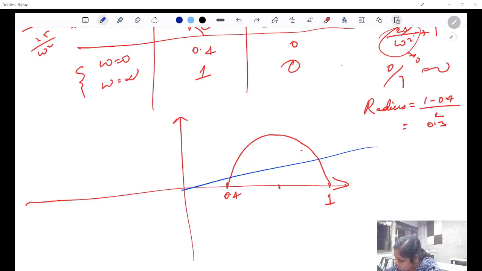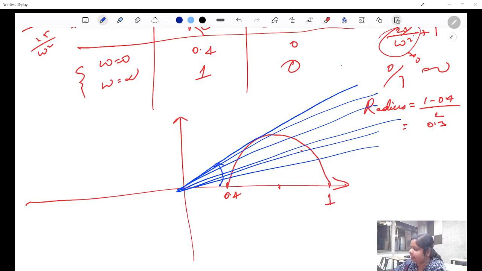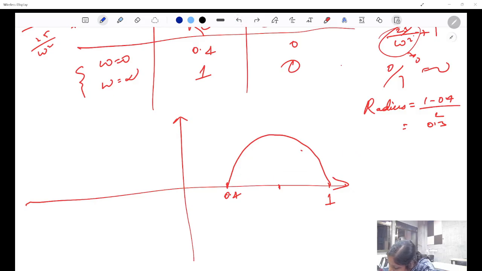If we draw multiple lines, where are we going to get maximum phase lead? It would be here. All of these won't give you maximum phase lead. You'll get the maximum phase lead at the tangent of the circle. So we'll get it to be here.